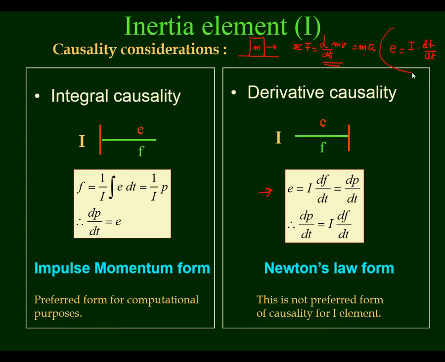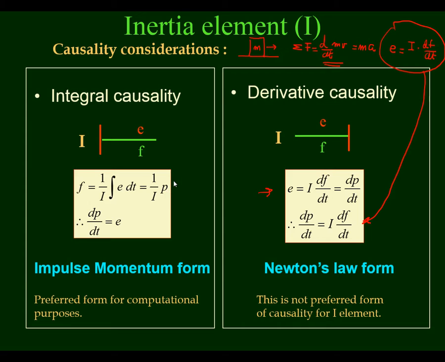This form that you're seeing here is exactly what you're seeing here. Yeah? But you could write this in the integral form. So instead of the output, the flow is the input. And if that's the case, you have 1 over I, the integral of E dt is 1 over I times the momentum.